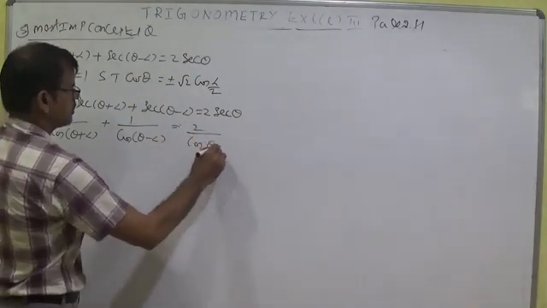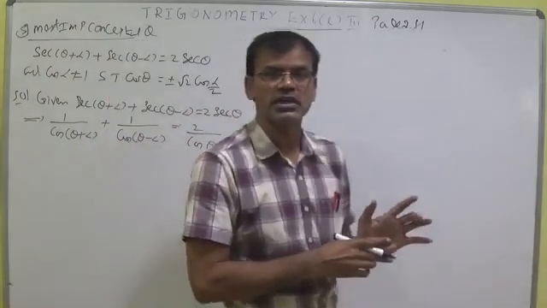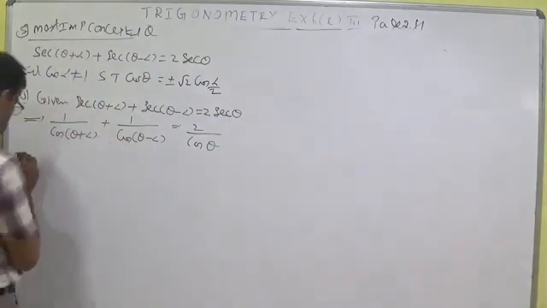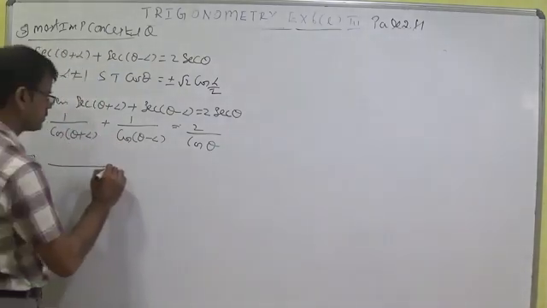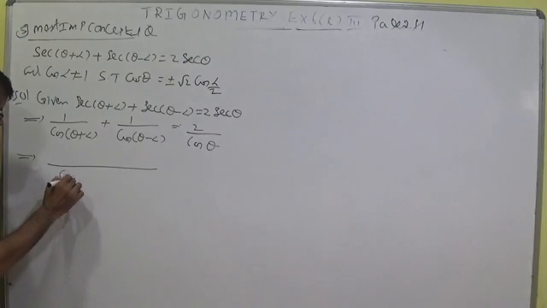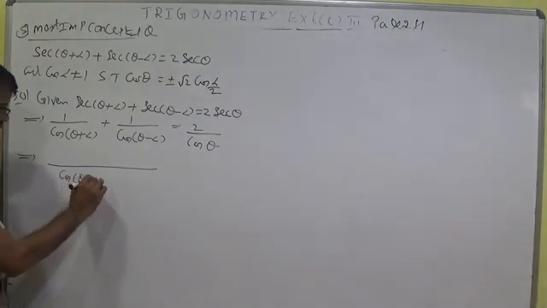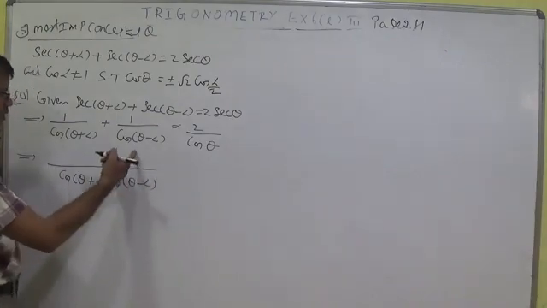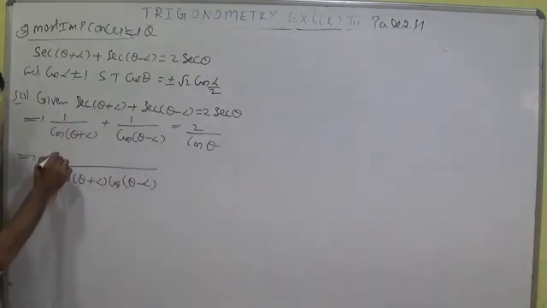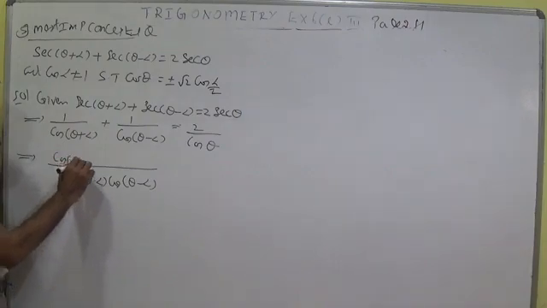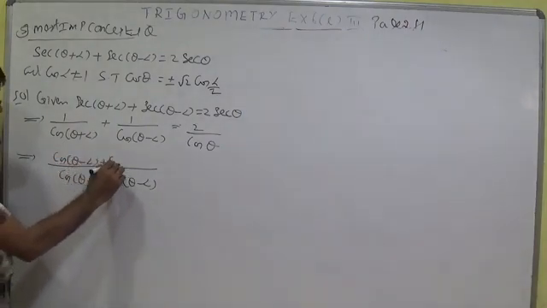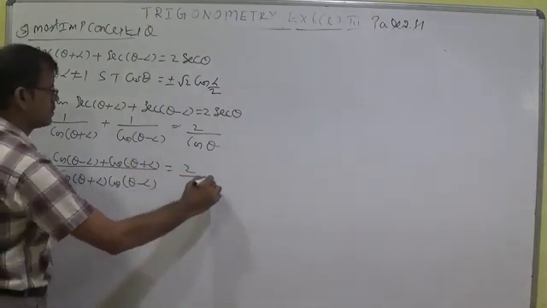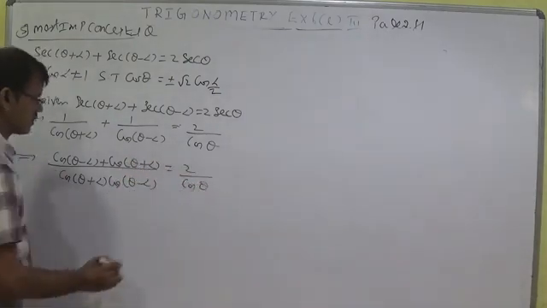So each and every term of secant got converted in terms of cos. That implies take LCM in the denominator. It can be written as cos of theta plus alpha into cos of theta minus alpha. This term this side, this term this side. So cos of theta minus alpha plus cos of theta plus alpha is equal to 2 by cos theta.